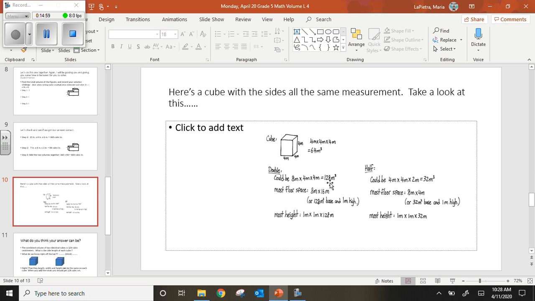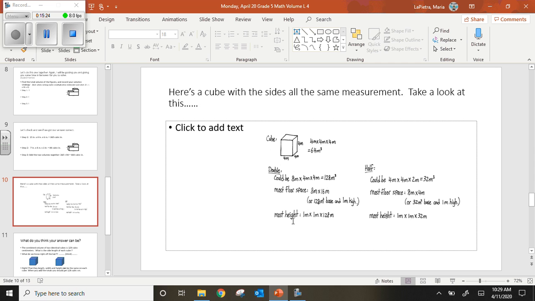So if I wanted to do it a different way, I could have said 8 times 16, because that would give me 128 as well. That would be using the floor space.